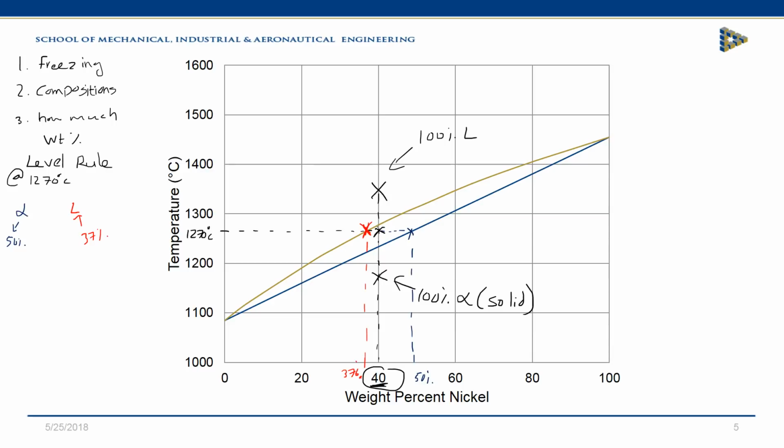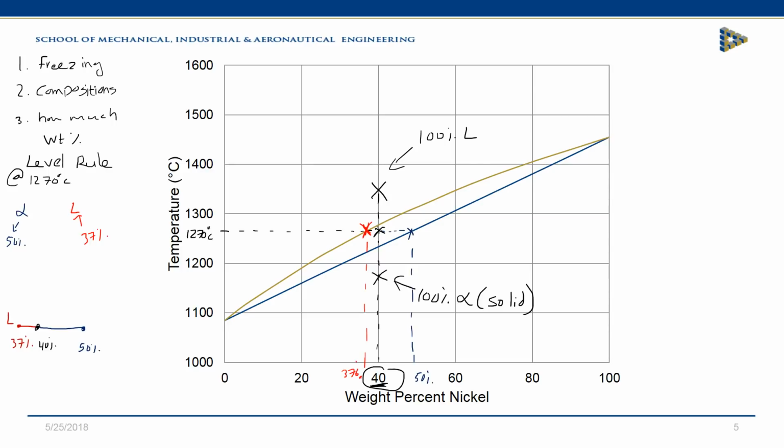Now I'm going to use the lever rule, so I need to draw my lever. I'm going to go from my liquid side, which is 37%, and draw it across until it meets the base composition of my alloy, 40%. Then I extend that tie line until I hit my solidus line.